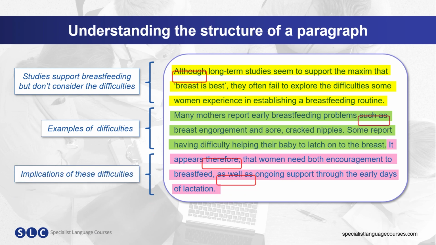Notice the use of linking devices throughout the paragraph, which help to clarify the information and structure the paragraph. 'Although' is used at the beginning to highlight that contrasting information will be talked about, 'such as' gives examples, and finally we have 'therefore' to highlight the result as well as to provide additional information.